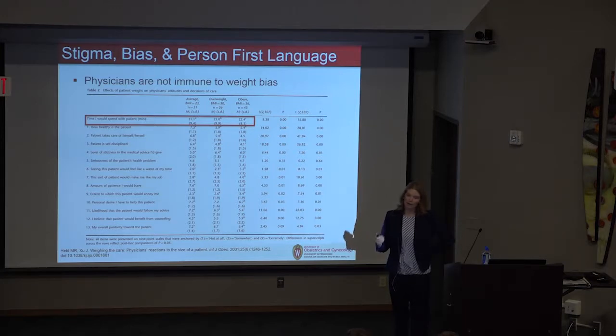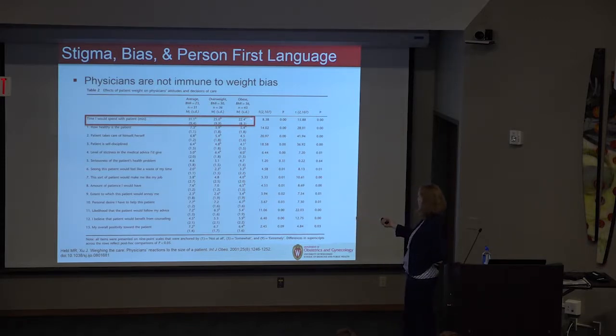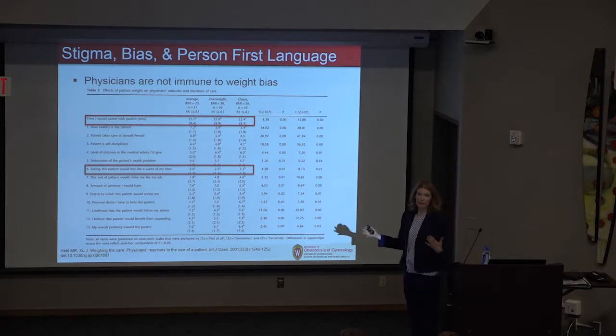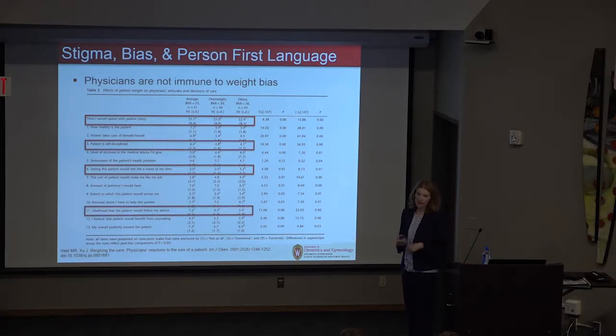And when they were presented with a chart for a patient with average overweight versus obesity, the amount of time that providers would spend with the patient decreased rather significantly from about 30 minutes to 22 minutes. They also were more likely to feel that seeing the patient was a waste of their time, and also less likely to think that the patient had self-discipline or would follow their advice.